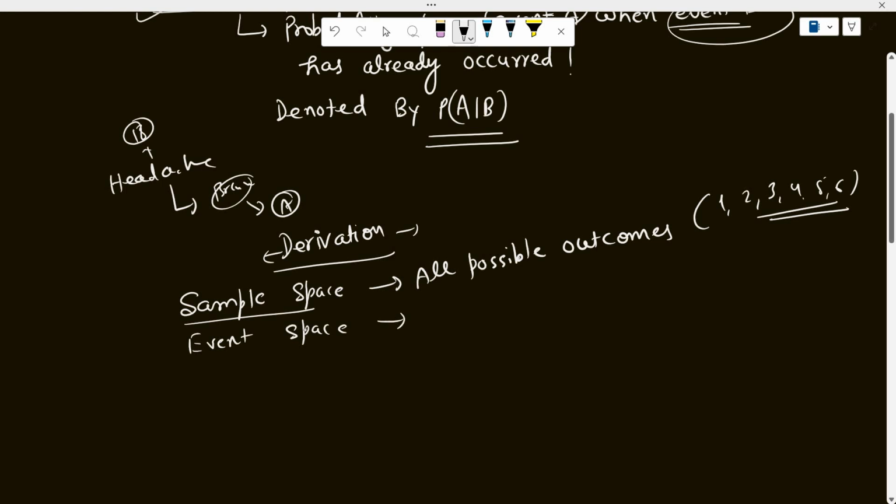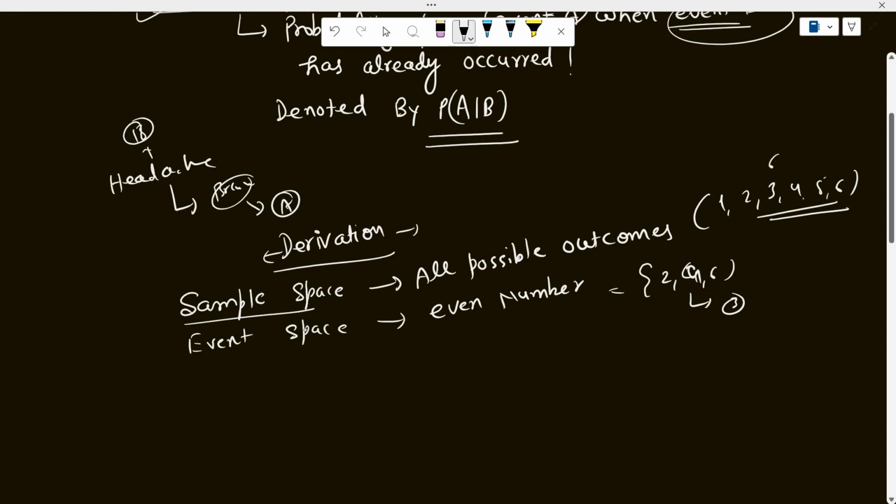But event space is something that you want to occur, right? Suppose you want to find out the probability that an even number will occur when you throw a dice. Even number should come. So in that case, the event space will be 2, 4, and 6. So in the event space, there will be only 3 elements.